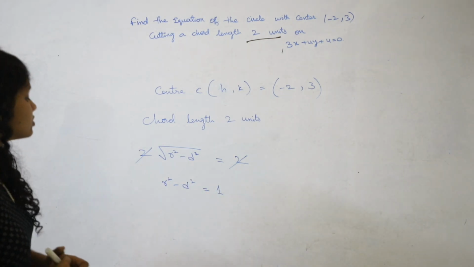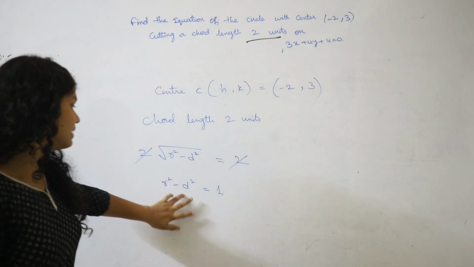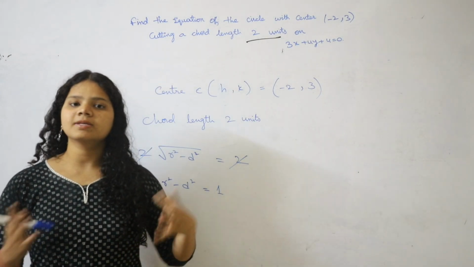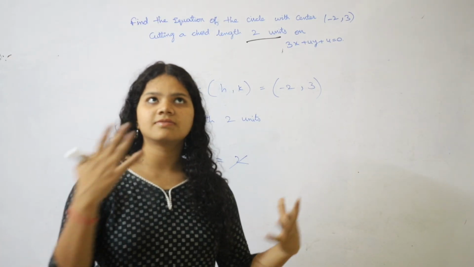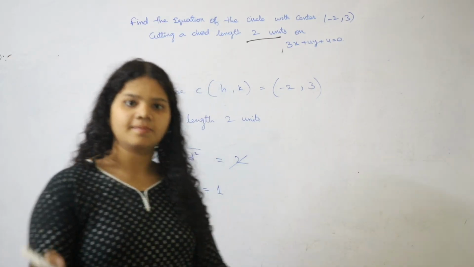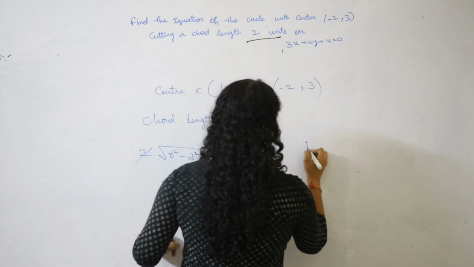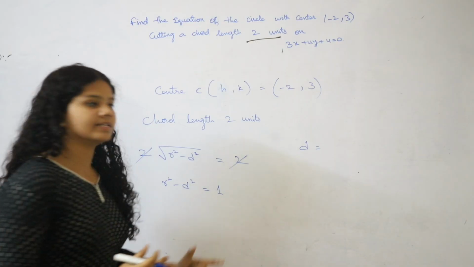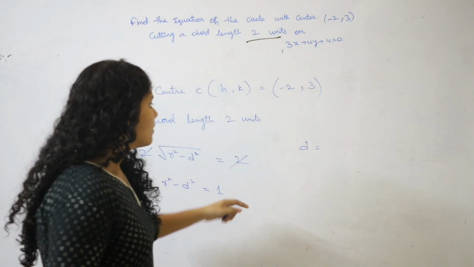Now we should find out the d value. So what is d? r means radius and d means the perpendicular distance from the center of the circle to the line. So d is equal to the distance from the center of the circle to the line.